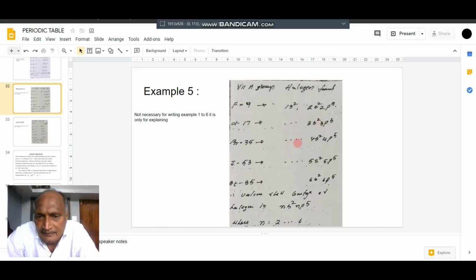Likewise, the elements of the halogen family, fluorine, chlorine, bromine, iodine and astatine, are receiving 5 electrons in the outermost p subshell. Hence, halogens belong to the p block. The valence shell configuration of halogens can be represented as ns2 np5, where n equal to 2 to 6.